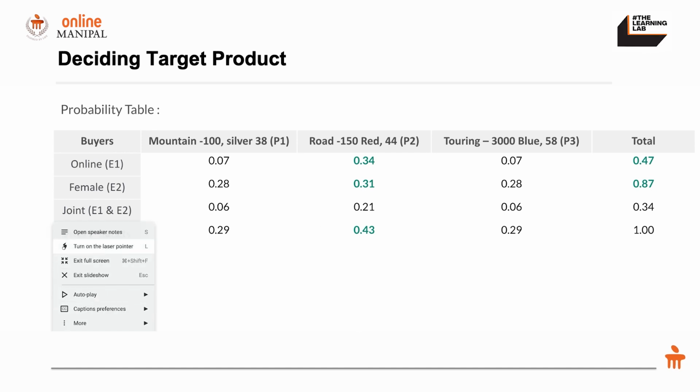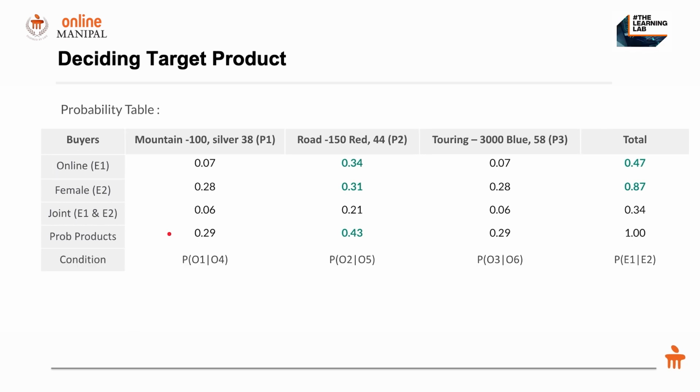Next up, let's do our final calculation, which is a conditional probability. What is the conditional probability that we can calculate here? The probability of outcome 1, which is product 1 being purchased by the online buyers, given that the buyer is a female: probability of outcome 1 given outcome 4, and similarly for outcomes 2 and 3. What is the formula for conditional probability?